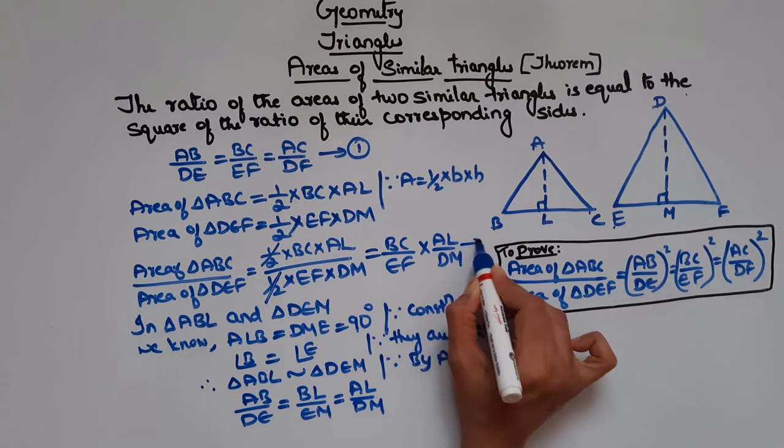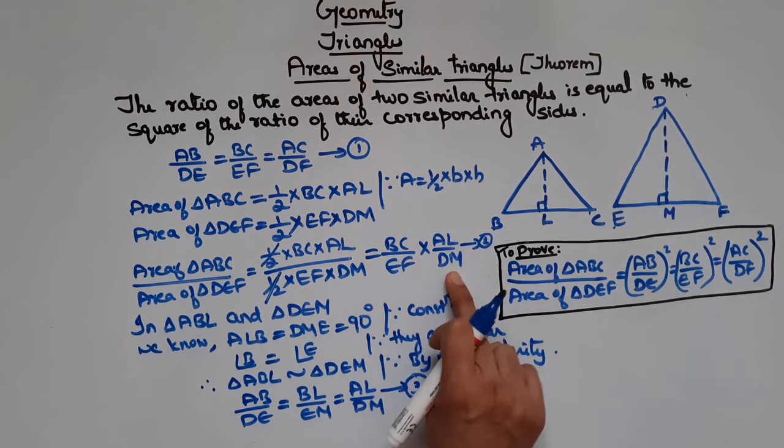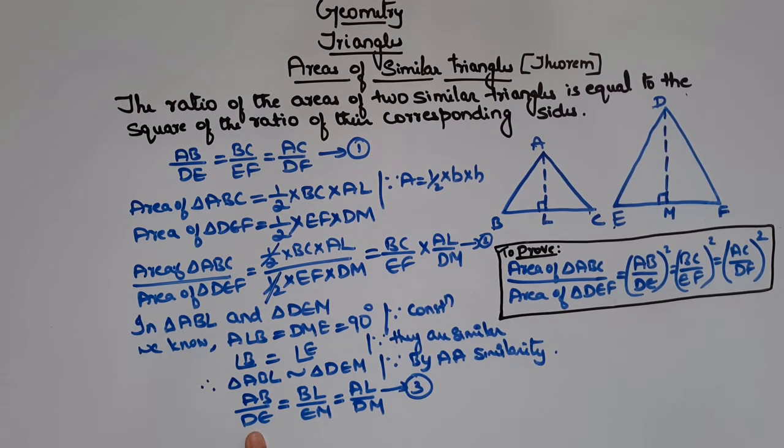Let's take this equation as 2 and this equation as 3, alright? So now we know AL by DM is equal to AB by DE. We can replace this AL by DM by AB by DE, right? Let me continue here.